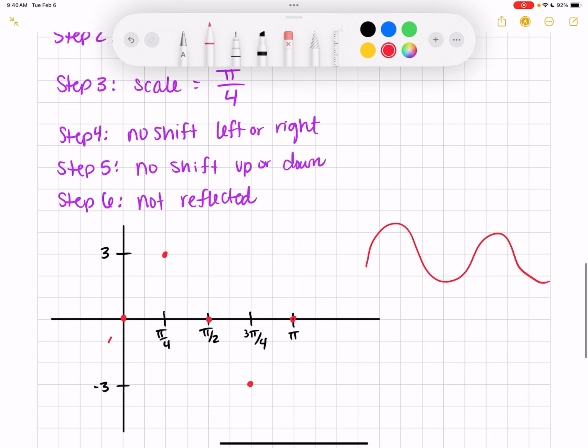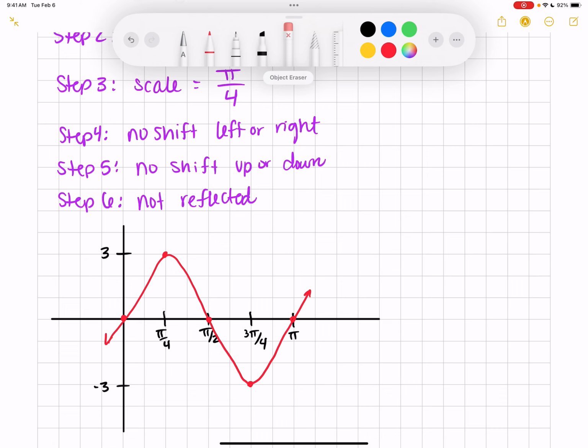And you put little arrows because it keeps going. Obviously it still looks kind of pointed, but I want to be able to tell that you tried to round it off a little bit. It doesn't have to be perfect, but as good as you can.